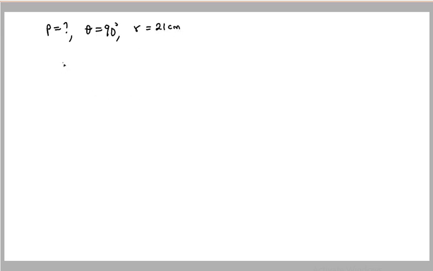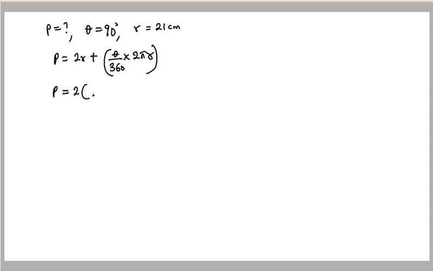So without wasting time, what is the formula? The formula is P equals 2r plus the length of the arc, L. But you know what L means? L means theta over 360 times 2 pi r. So what's next? We now have P equals 2 times, what is our R?